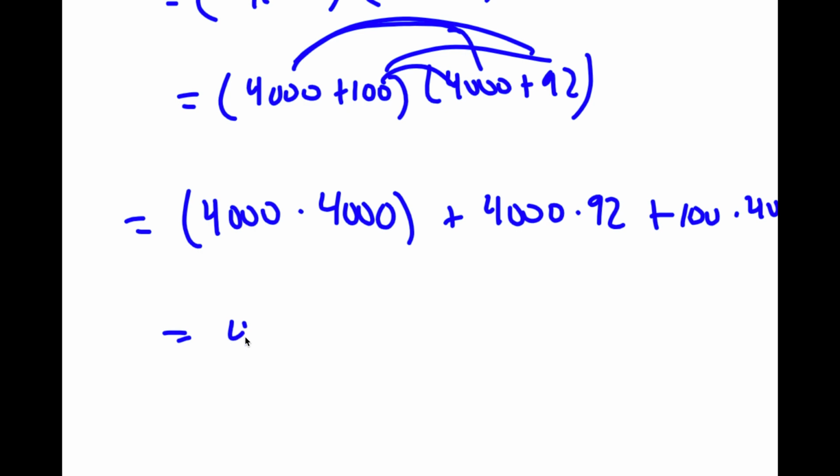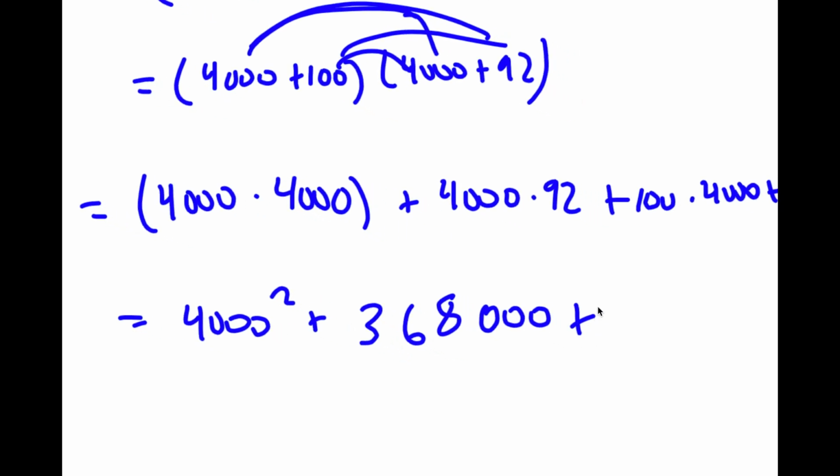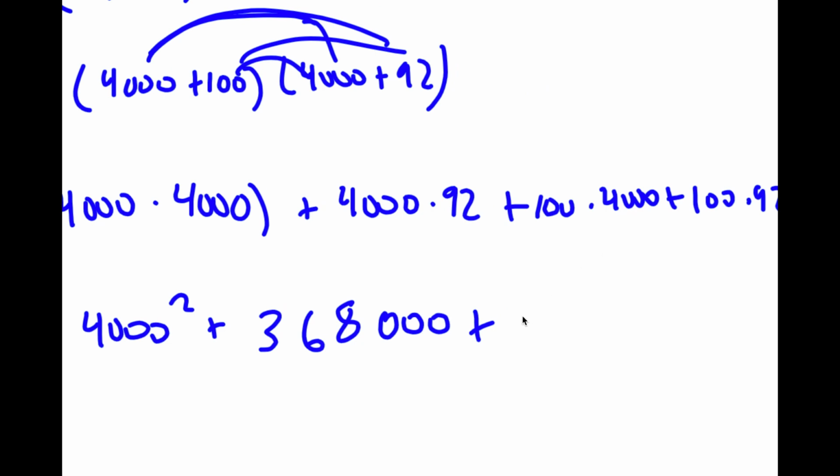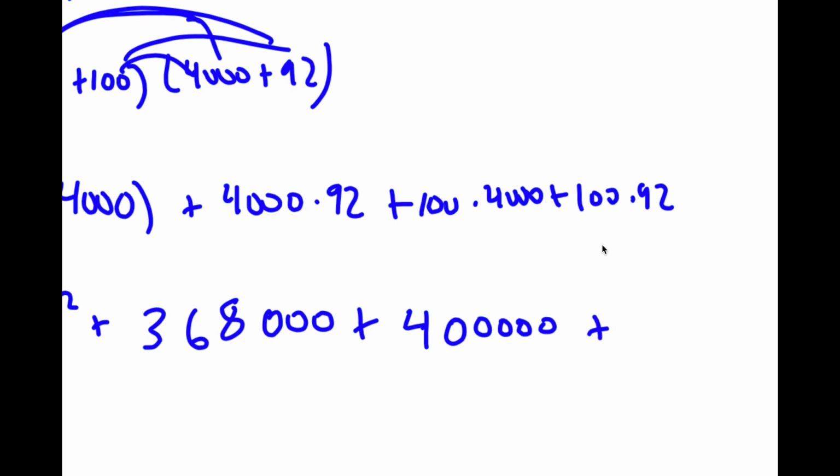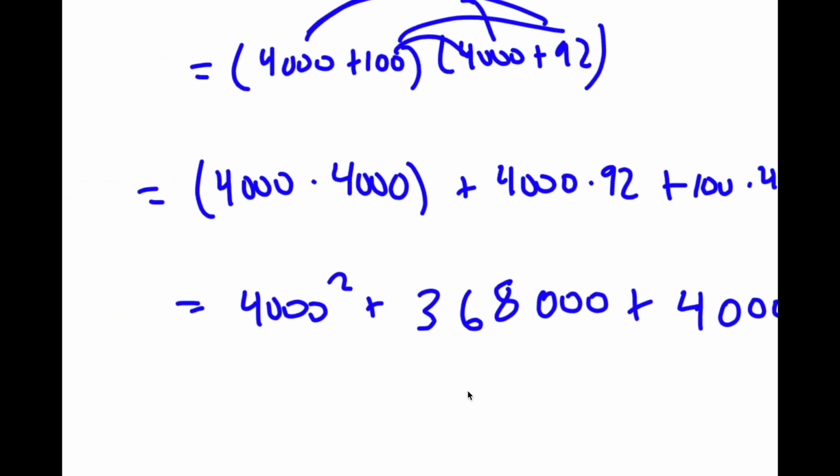Now 4000 times 4000, that's 4000 squared, plus 4000 times 92. 4000 times 92 is going to be equal to 368,000, plus 100 times 4000, that's going to be 400,000, plus 100 times 92, that's 9200.